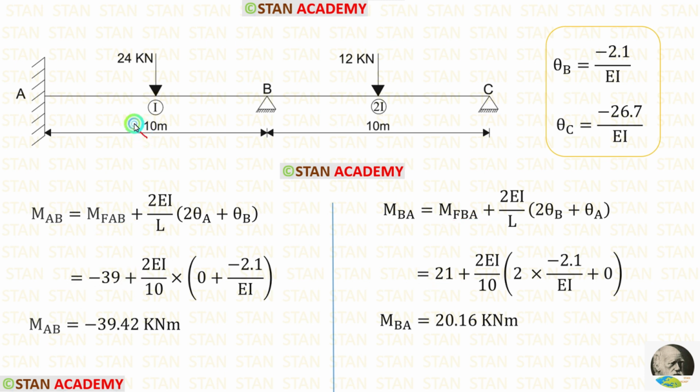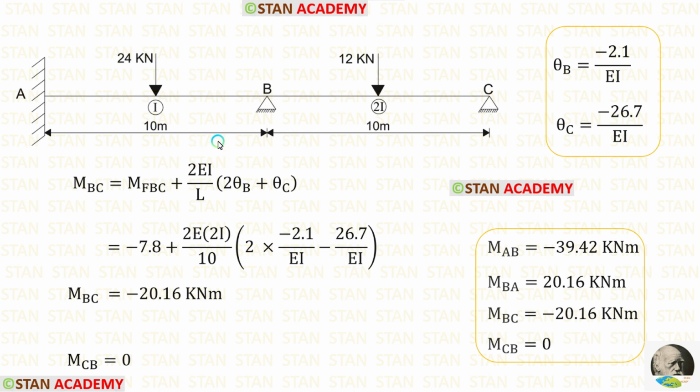Length of span AB is 10 meter. Let us apply that. In the point A, there is a fixed support. In the fixed support, there will be no slope, so theta A will be 0. After applying the value of theta B, we are getting MAB and MBA.